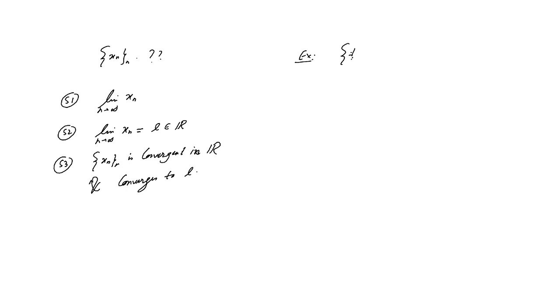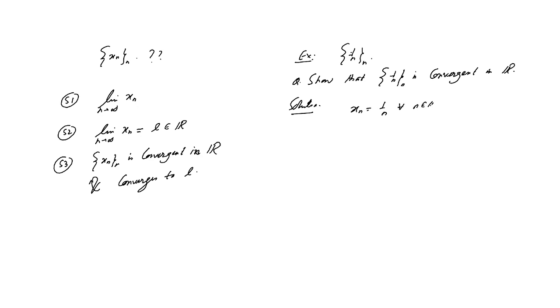Just think about one example. You are given the sequence 1 by n and you need to show that the sequence 1 by n is convergent in R. So as I said, we take xn equals 1 by n for all n belongs to natural number.